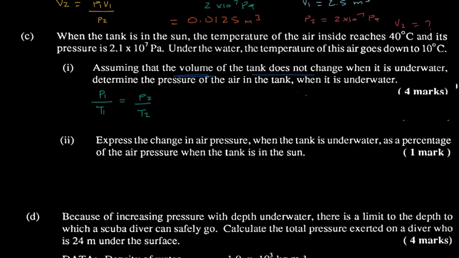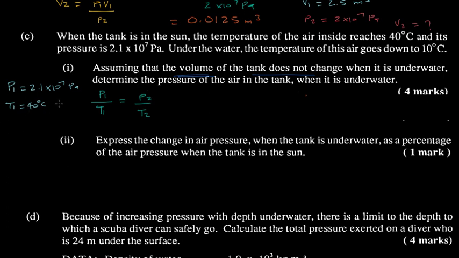Now in our case, let's say P1 is this pressure right here, 2.1 times 10 to the 7 pascals. T1 is the temperature when it is in the sun, which is 40 degrees Celsius. But because we're dealing with the gas laws, we have to convert to Kelvin.